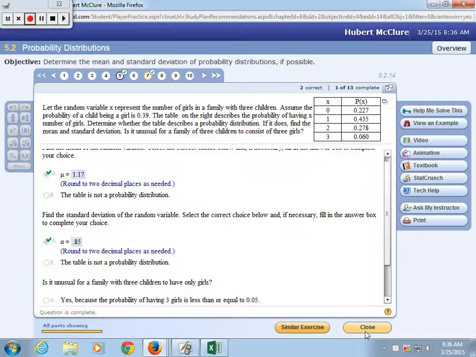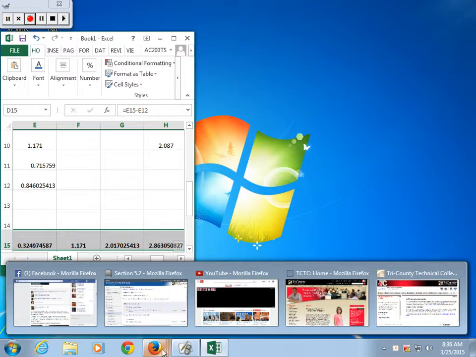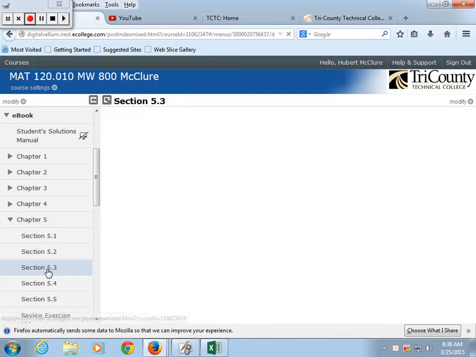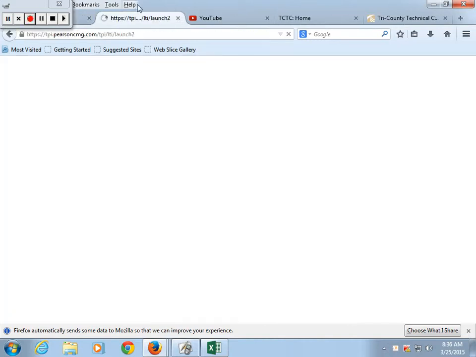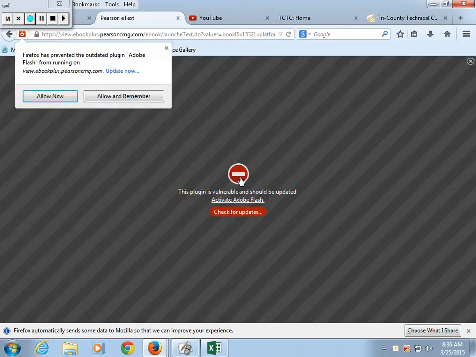All right. Let's do another. Let's move to another section. So let's go to 5.3. 5.3 and 5.4, whichever sections we're supposed to cover, are real simple because we don't have to do anything but use a calculator. For some of you that's on the calculator drill team in high school, y'all will like that.